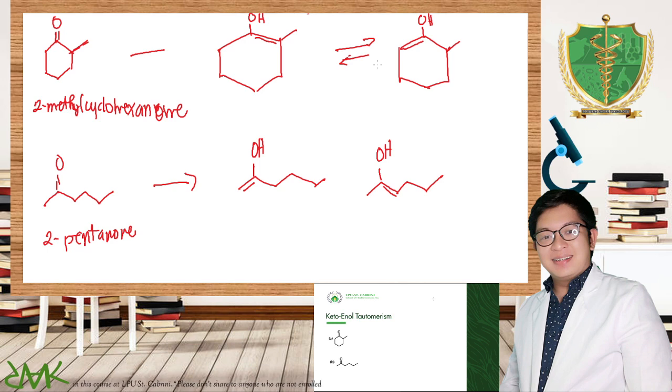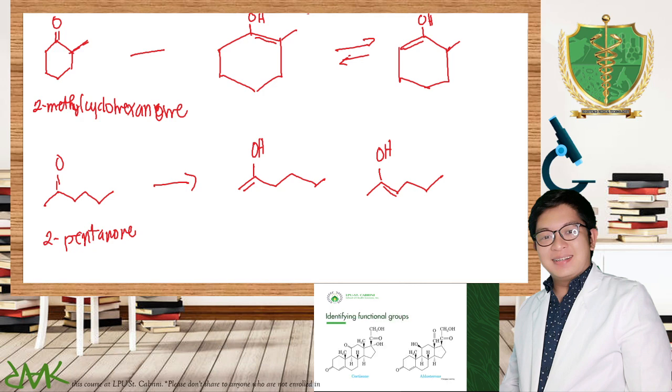And that is our product. So that is how we get our keto-enol tautomerism. The carbon-oxygen double bond is lost, and a double bond forms between carbon and carbon.